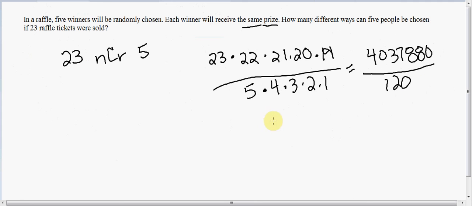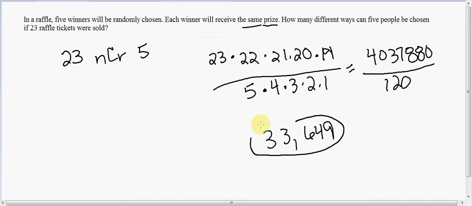And so that tells us that our answer is going to be 33,649 different ways that 5 people can be chosen if 23 raffle tickets are sold.